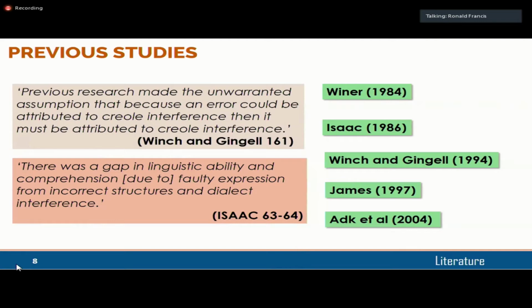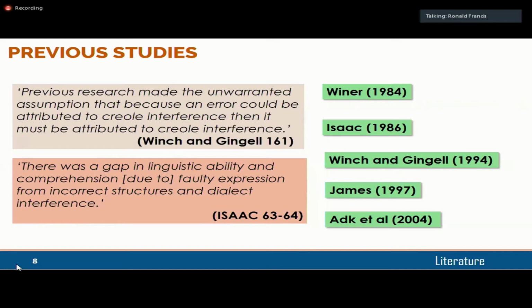So they basically said that Creole should take its place at the bottom of a long list of issues that students have in writing. Before them was Martha Isaac, who looked at secondary school students in 1989. And then she said that there was a gap in linguistic ability and comprehension due to faulty or incorrect structures and dialect interference. So she basically put Creole at the top of the list in terms of the struggles that students are having.